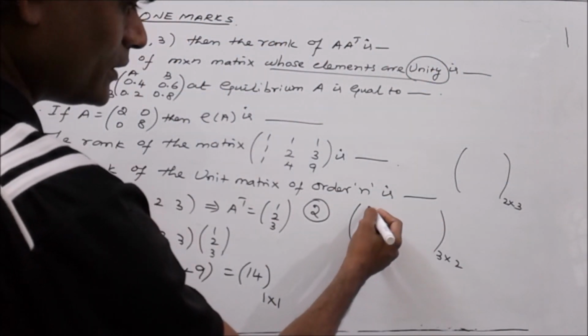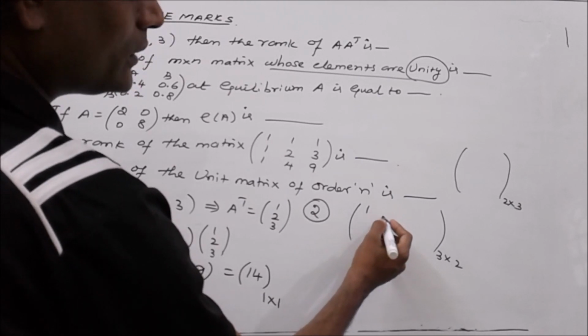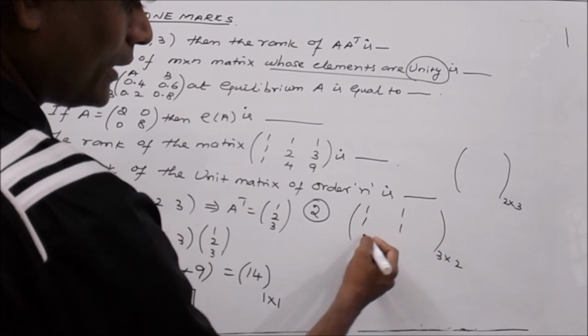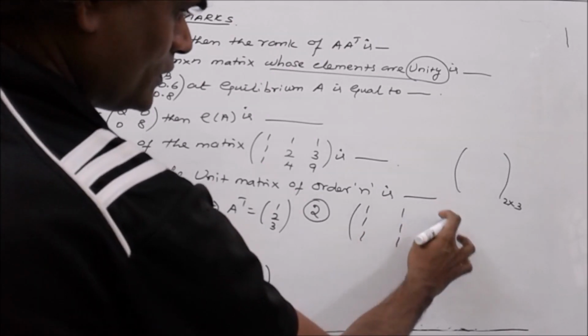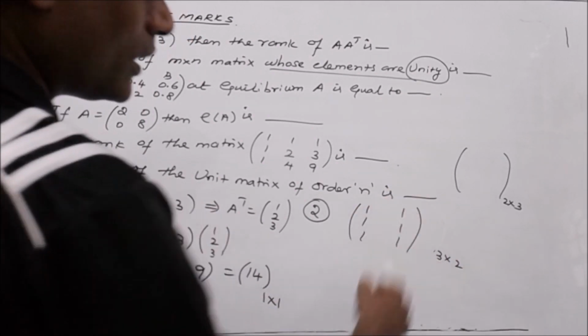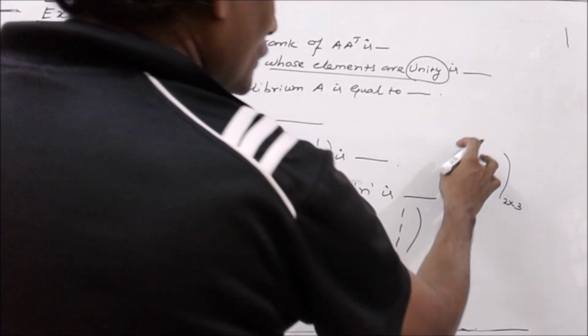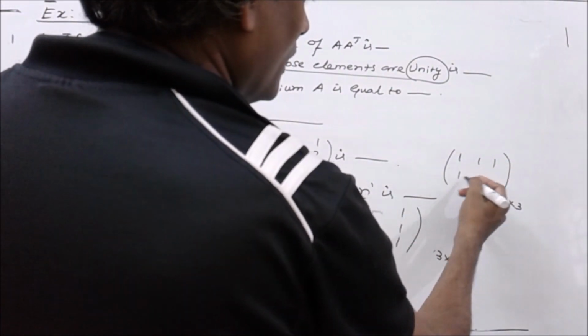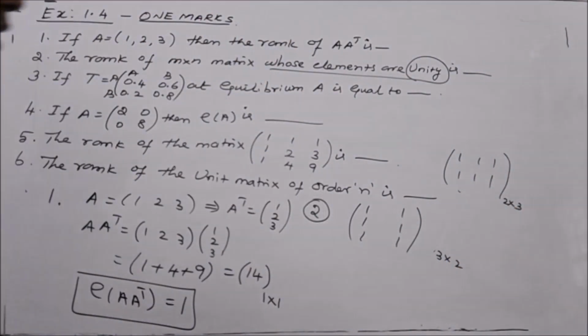Now 3 cross 2 means 3 rows and 2 columns: first row, second row, third row. Here 2 cross 3 means 2 rows, 3 columns. But all the entries are 1 in it.